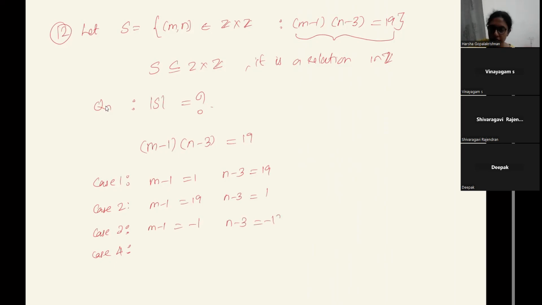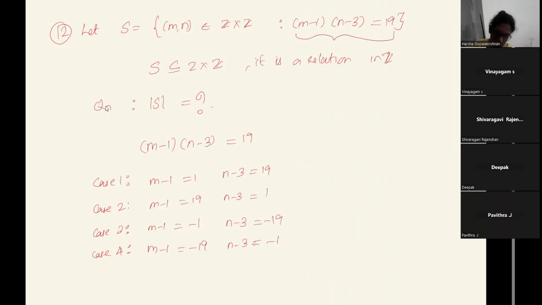This is also a possibility because minus 1 into minus 19 also equals 19, and minus 1 and minus 19 belong to Z. In the same way, the fourth possibility is m minus 1 equal to minus 19, n minus 3 equal to minus 1. Any other integer possibility? No.